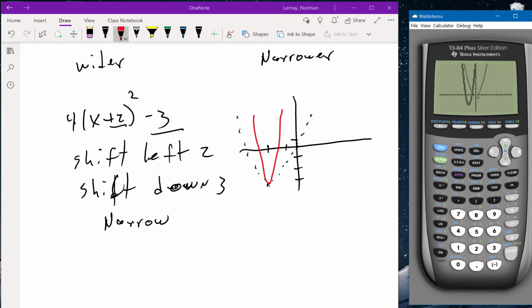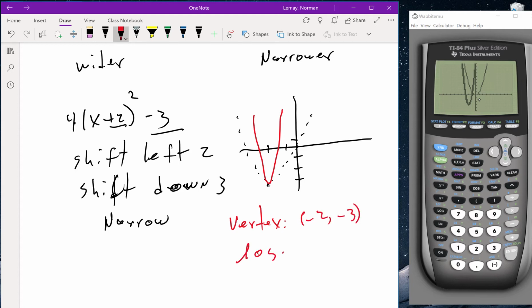We have our shift over here to the left 2, down 3. So notice here our vertex is going to be the point -2 comma -3. And notice that our line of symmetry is the line x equals -2. So again, the idea is that our line of symmetry is right there.